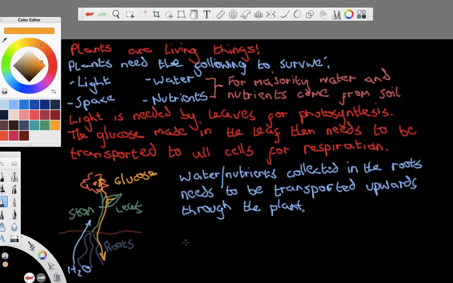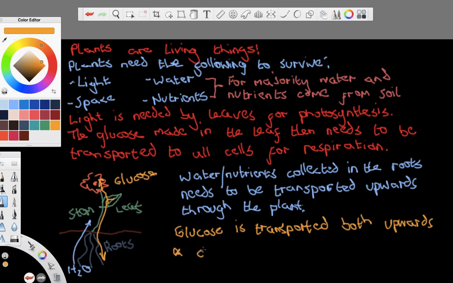Glucose, on the other hand, is transported both upwards and downwards from the leaf.